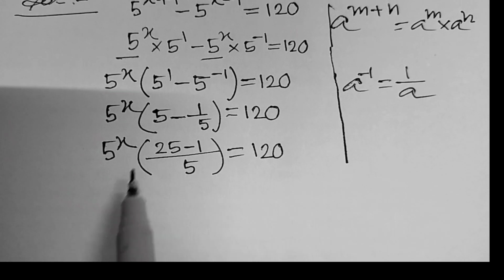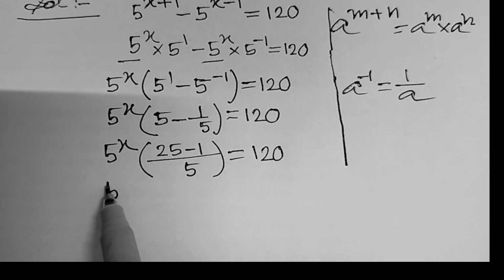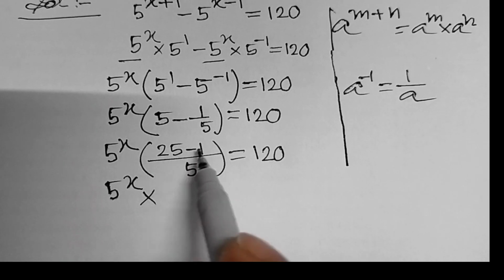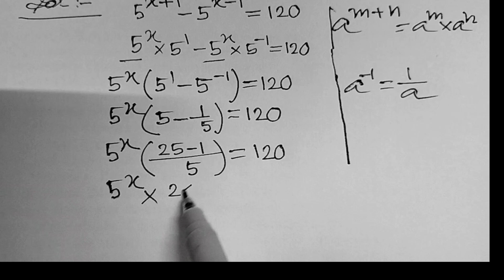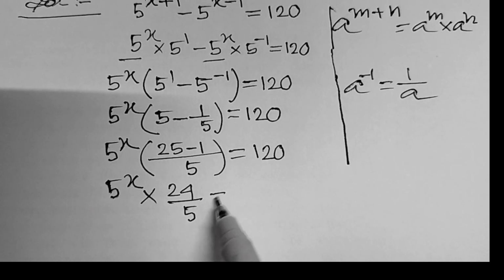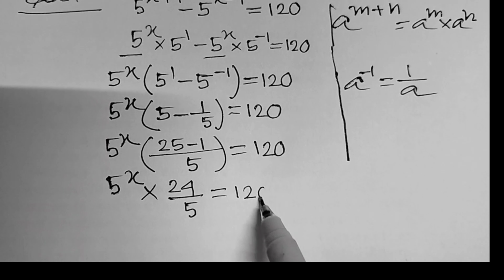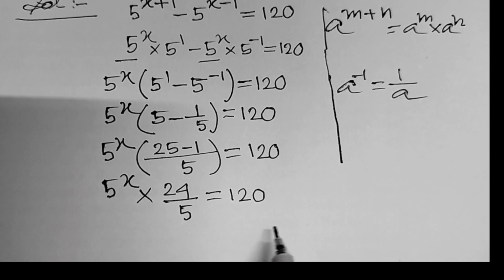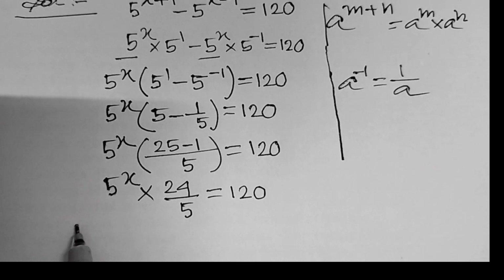Therefore, 5^x times 25 minus 1, that is 24 over 5, is equal to 120. Now, we will have to multiply both sides by 5 over 24.